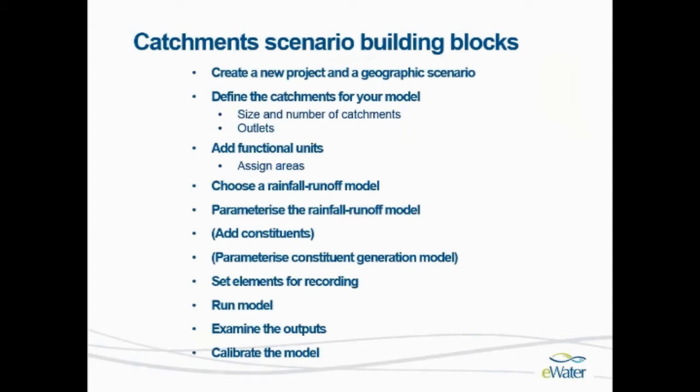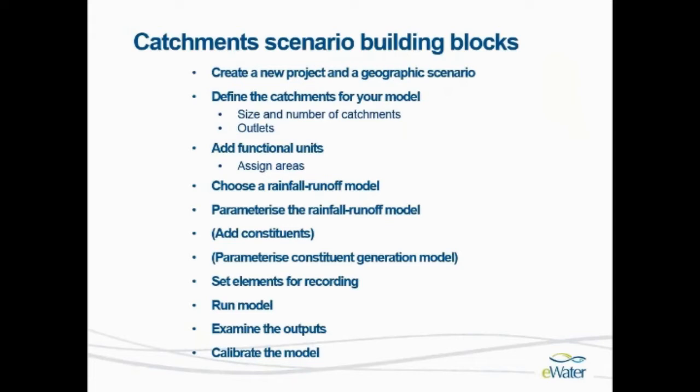So as we step through, you start off by creating a new project and a geographic scenario. You will then define the catchments for your model. You'll be interested in knowing how many catchments you want and how big you want those catchments to be, where the outlets will be, and any other features of interest inside the catchment, such as storages.